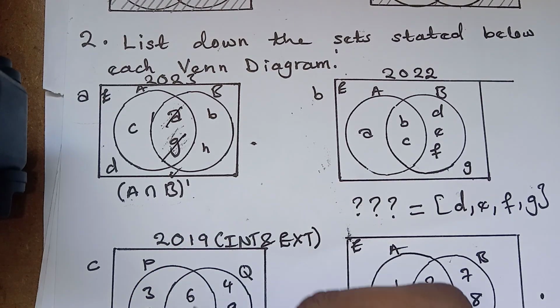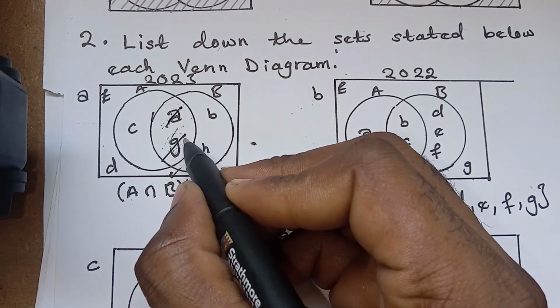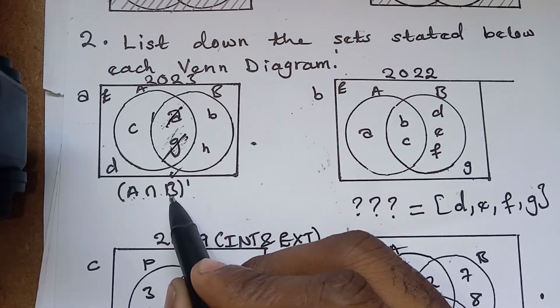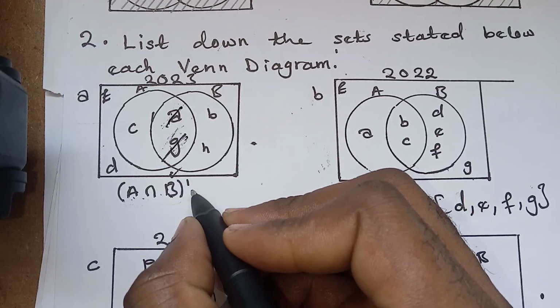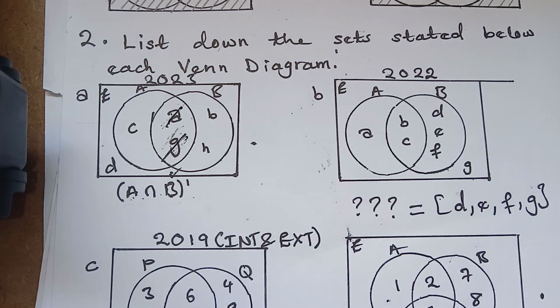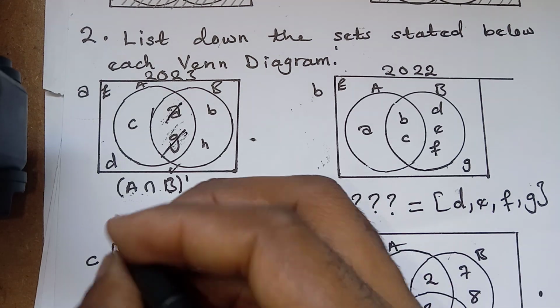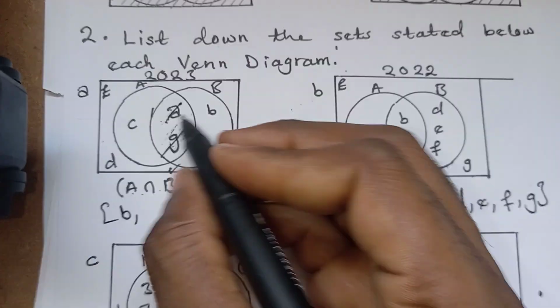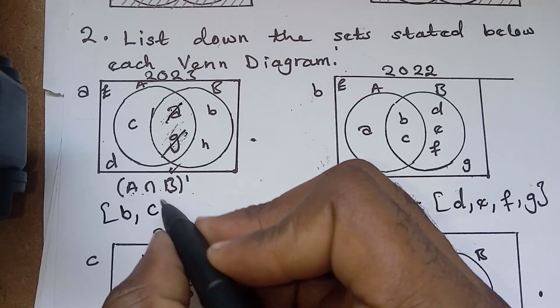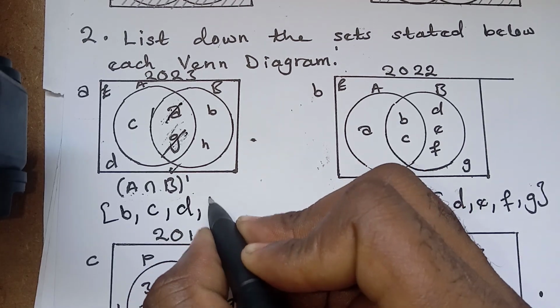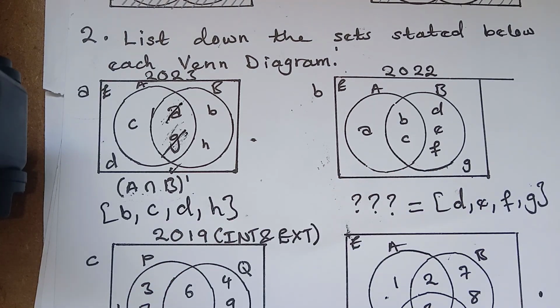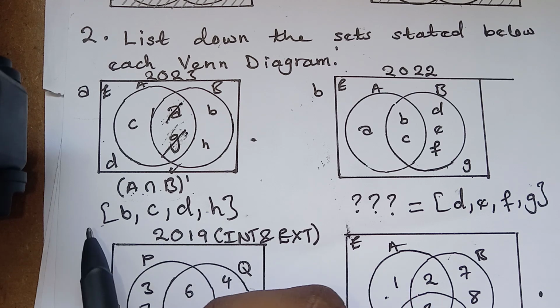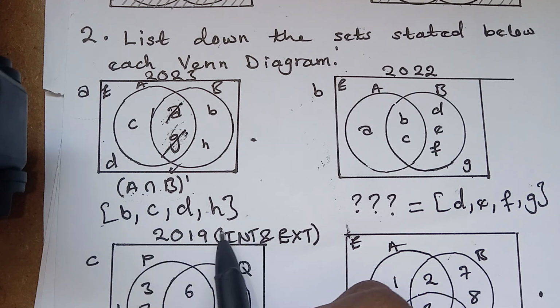So to list down this set, you can just cancel out all the elements in A intersection B and list down all the other elements. So the other elements here are B, then C, then D, then H. Make sure you list them down in alphabetical order.